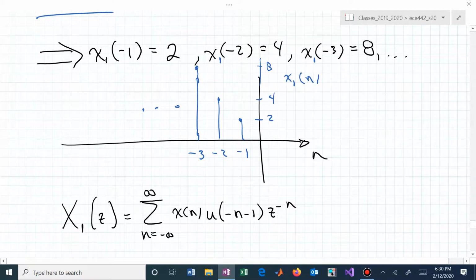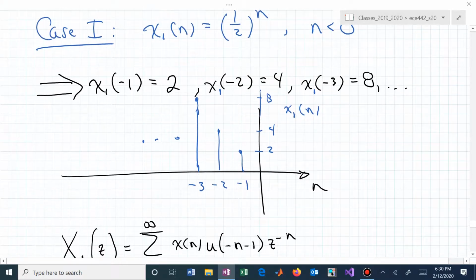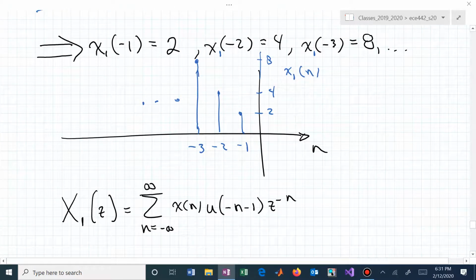Let's see. Here is what we have. We could write this now as x1 of n. We could say x of n, u to the minus n to the minus 1. That's only turning on these coefficients for negative values of little n.